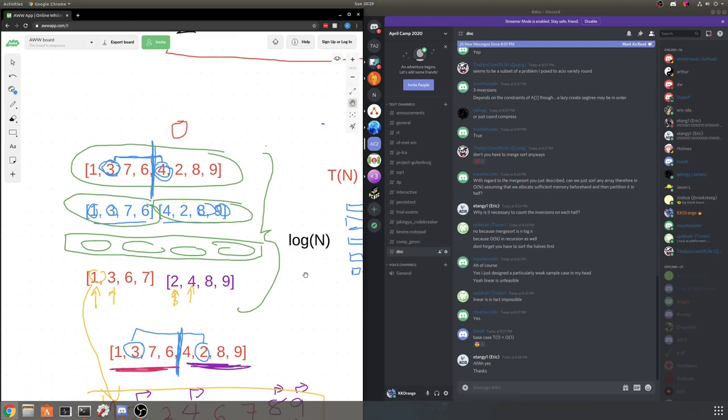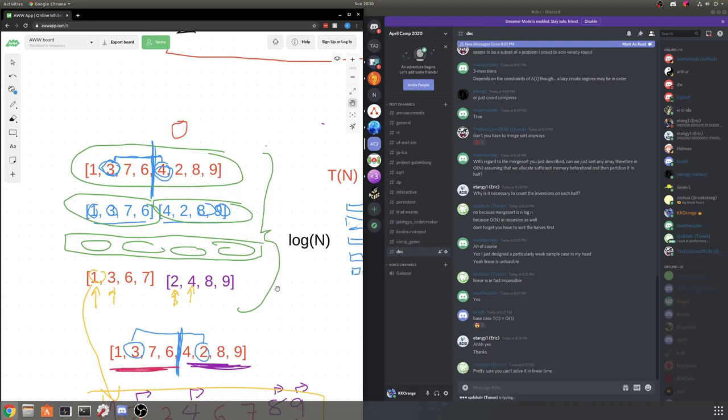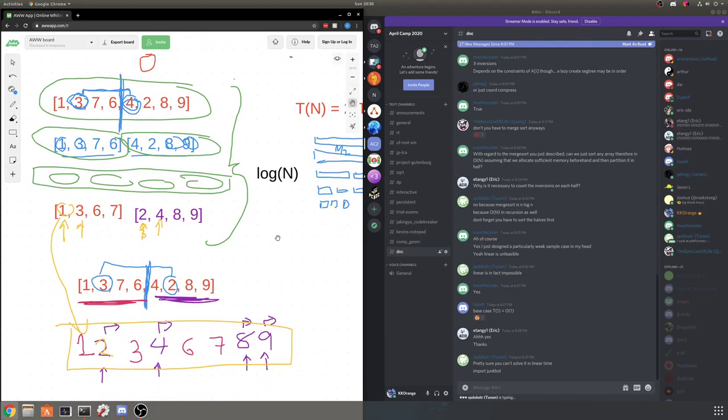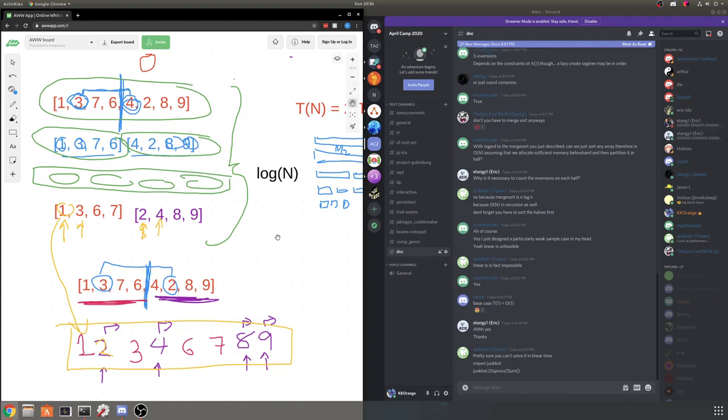Man, I don't know if you can count this in linear time. It seems like a result that would be contradictory to some kind of theorem in computer science. But I don't know, so I guess I'll believe it. I mean, counting inversions sounds like it would in some way be equivalent to sorting.